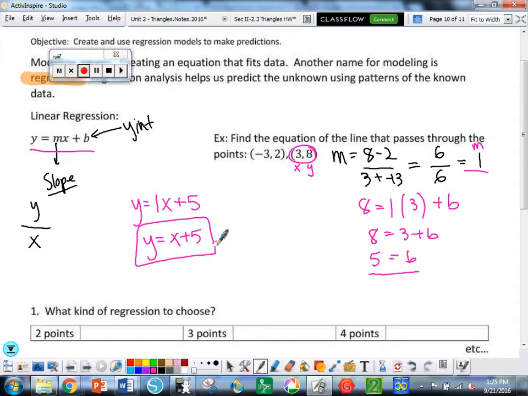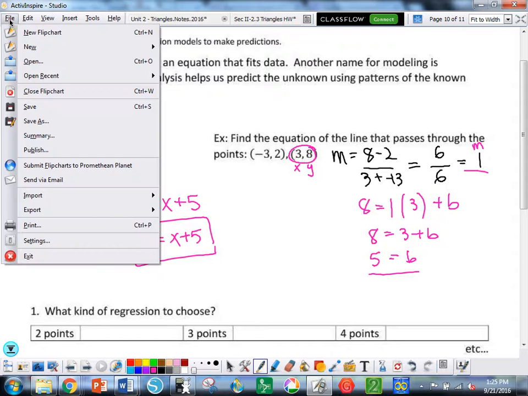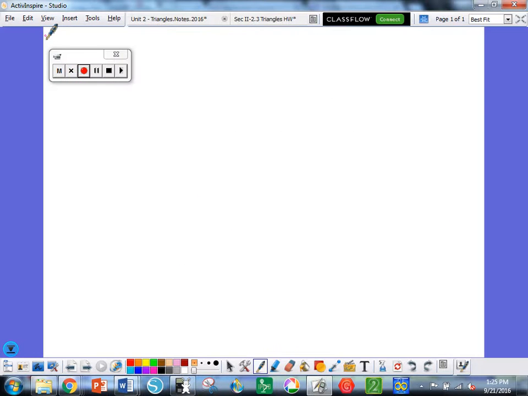Okay, and I just wanted you to watch something for a minute. Through any 2 points there exists exactly one line, right? Given 2 points, I can write a linear equation. If I have 3 points, can I draw a line? Not always, but what do you think I could draw?